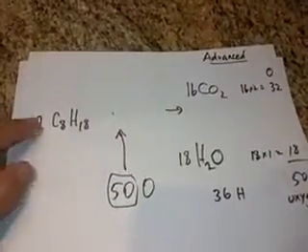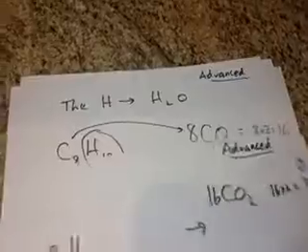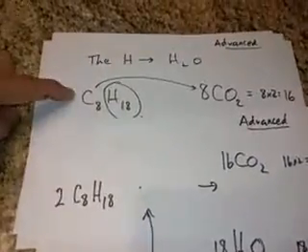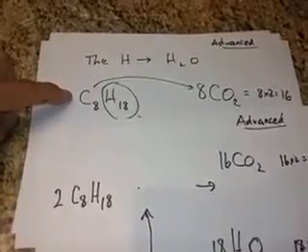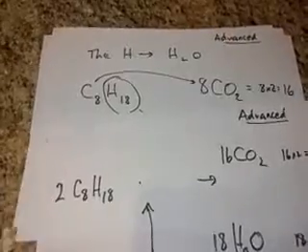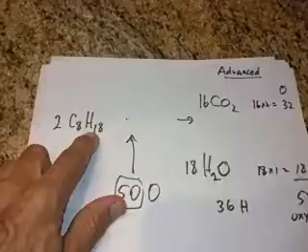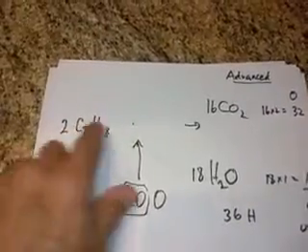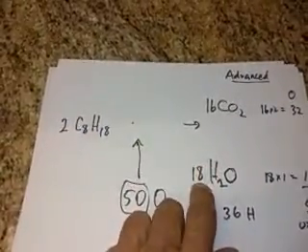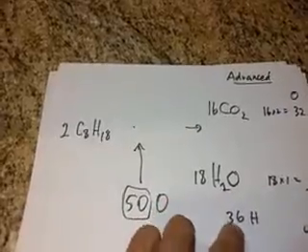So suddenly we got 2. Remember over here, we only had 1 octane. Now here's 2 octanes. So if I've got 2 octanes here, that means we're going to have 18 waters. That's 36 H's.